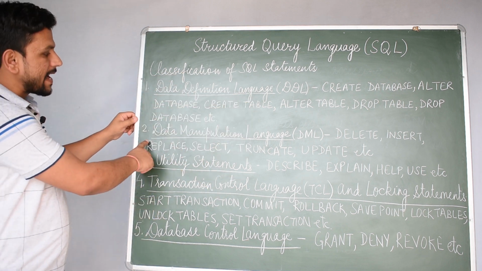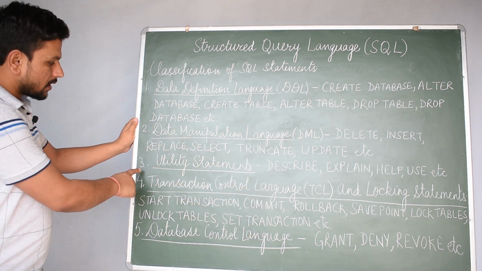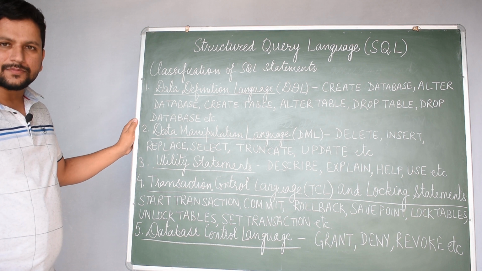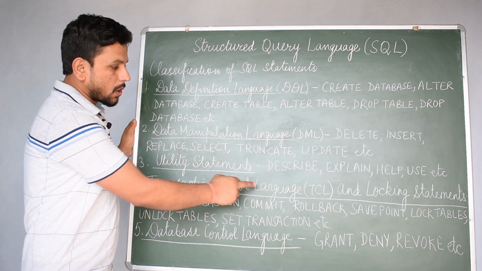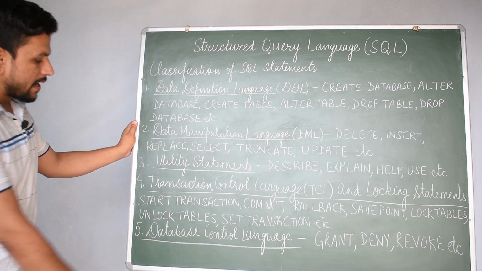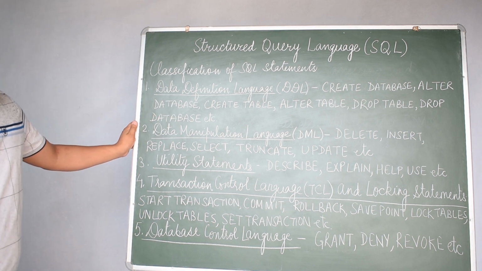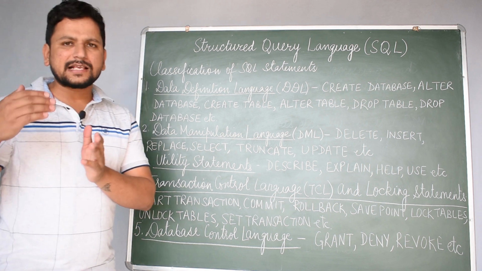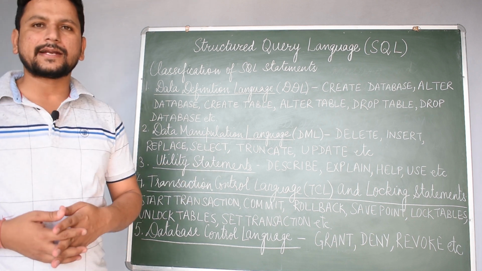Second, we have data manipulation language, that is DML. Third, we have utility statements. Fourth, we have transaction control language, that is TCL. And fifth, we have database control language, that is DCL. So basically SQL statements are classified into 5 different categories.